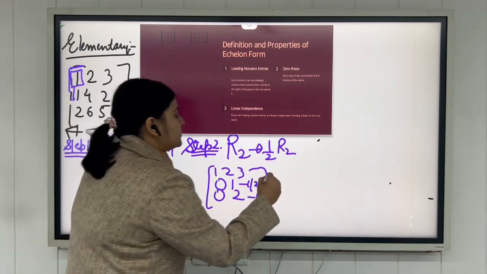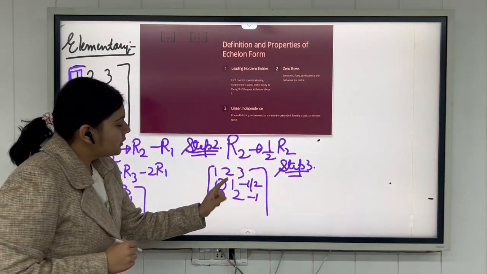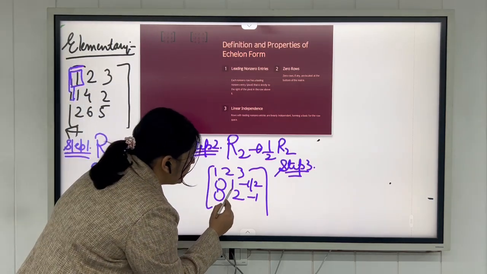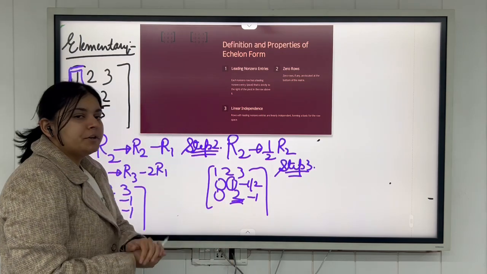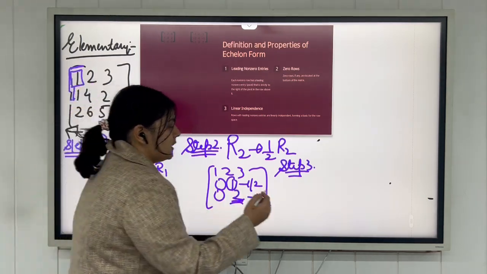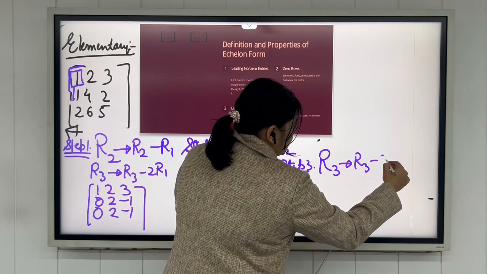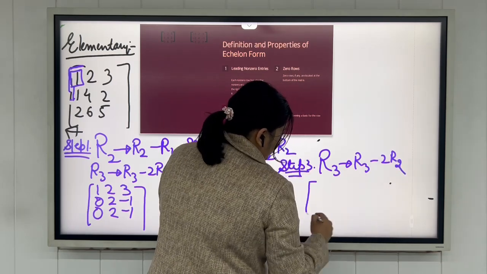Then in step number 3, you have found that your A22 element is 1. Now, after the A22 element, you have to go down and make this element 0. How could you make this element 0? By applying the operation R3 implies R3 minus twice times R2.